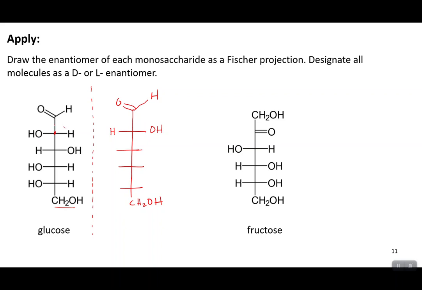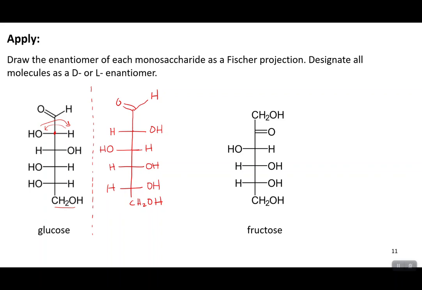So you can continue to do this. The reflection here would be HO and H. And that would be the enantiomer because I have reflected every single chiral center in this molecule.